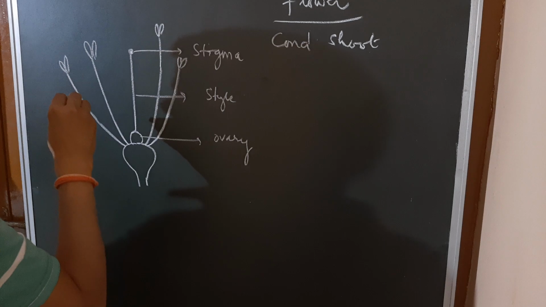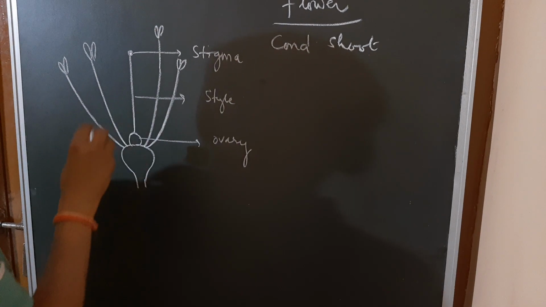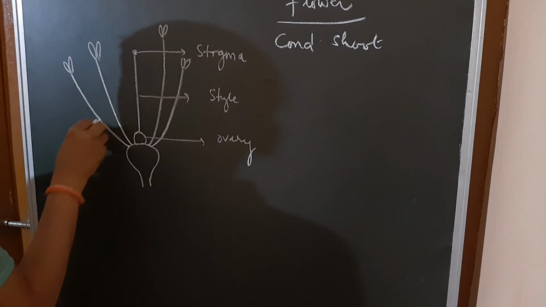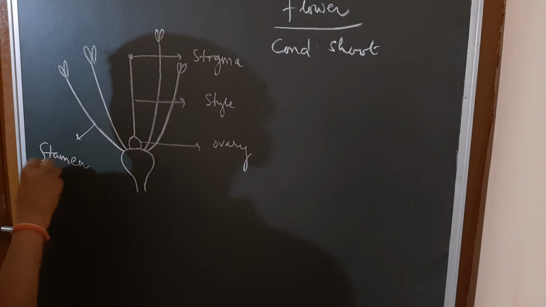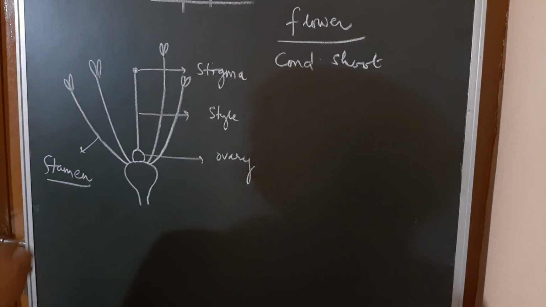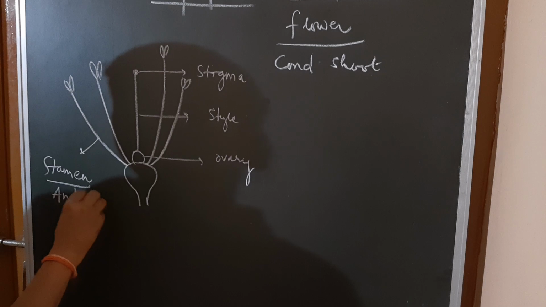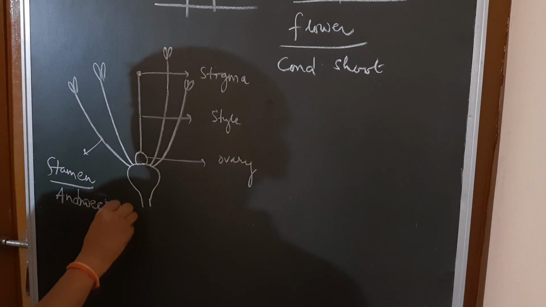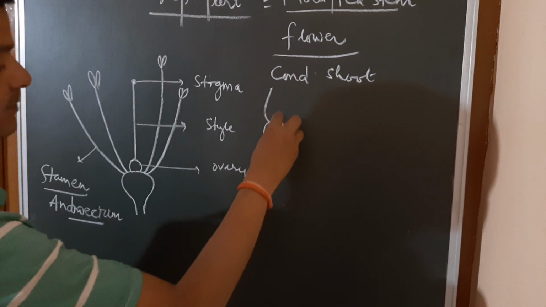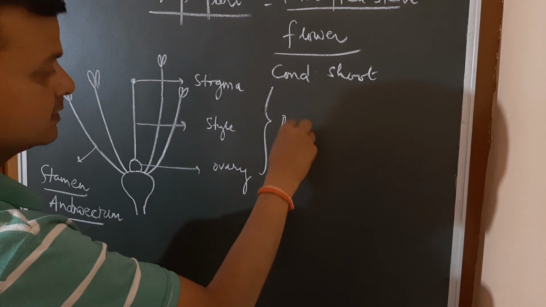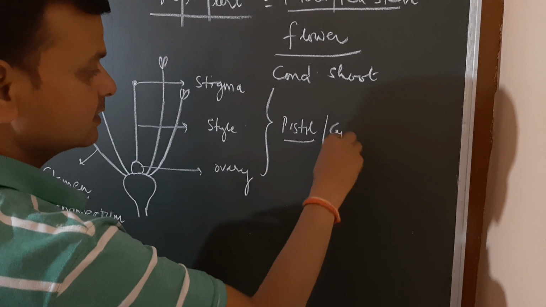This will become the male reproductive structure, which we call the stamen, and a group of stamens is called the androecium. And this completely forms the female part, which is called the pistil, and the group of pistils is called the gynoecium.